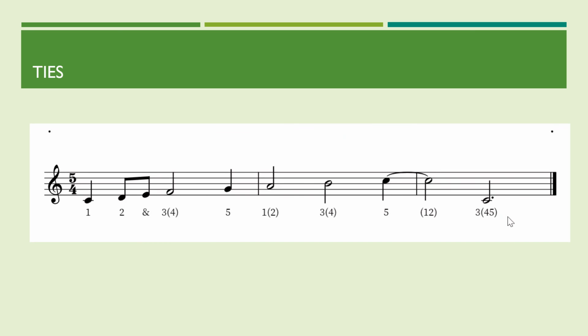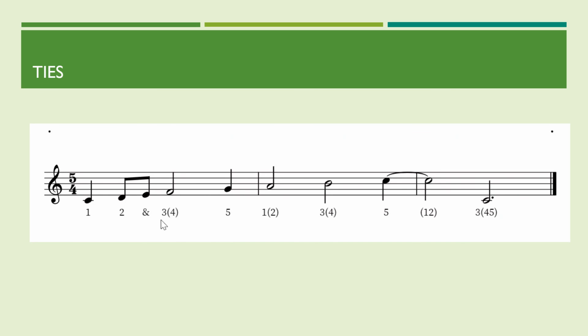And if I start my metronome, 1, 2, and 3, 5, 1, 3, 5, 3, which is kind of weird to say 5 and then go to 3, which is why sometimes people prefer to say these beats out loud that are occurring over these held over notes.